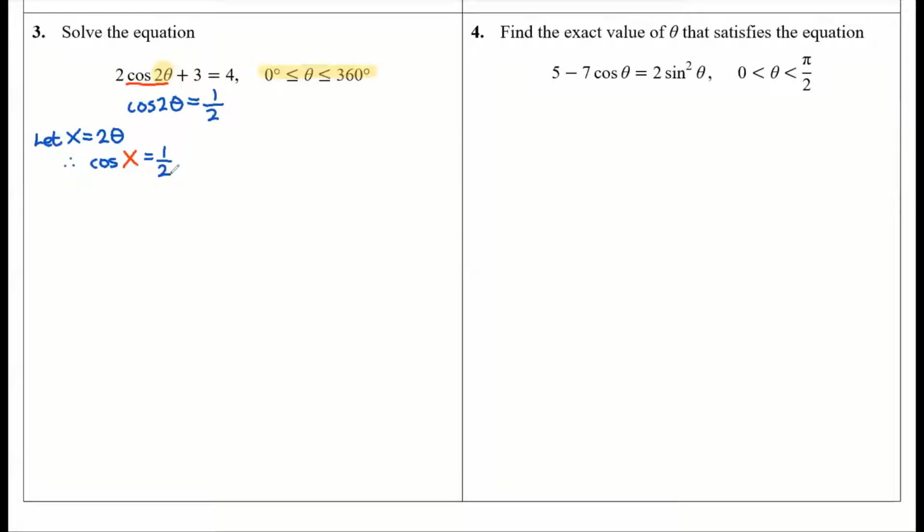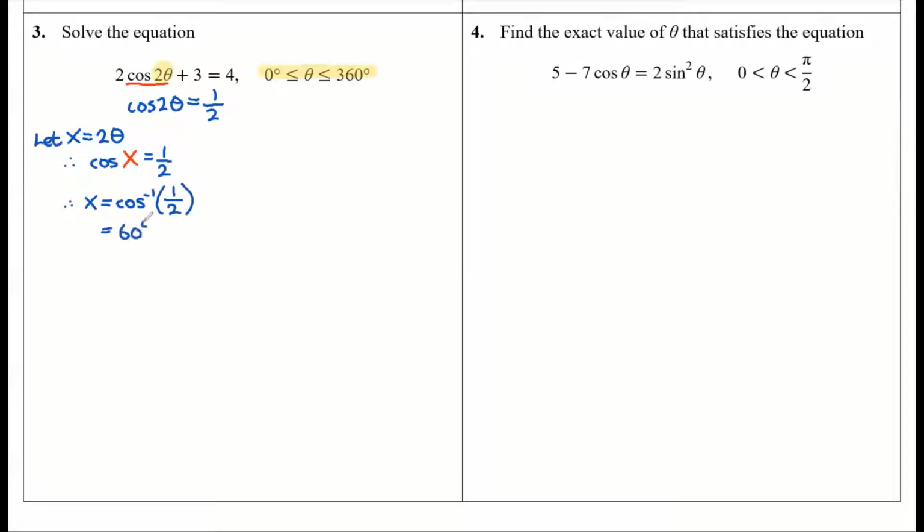And now we can get our principal angle. So therefore, X is going to be the inverse cos of 1/2, which equals 60 degrees.